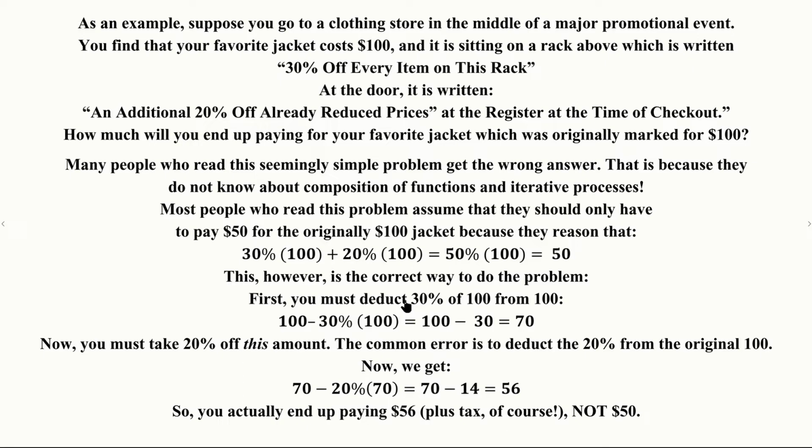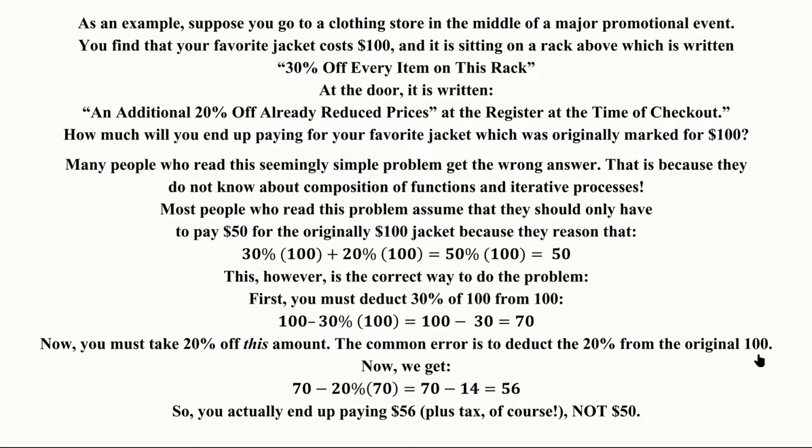First, you must deduct the 30% from the $100, right? So what's $100 minus 30% of $100? That's going to be 100 minus 30, which is 70, right? Now you must take 20% off this amount, okay? The common error is to deduct 20% from the original 100, you see?